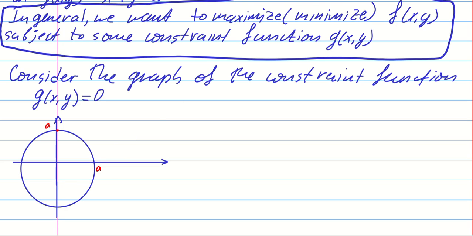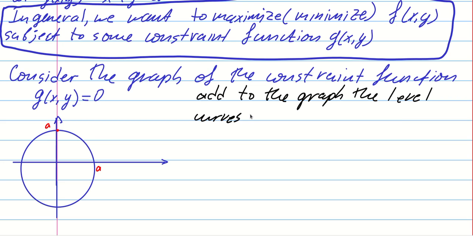So what are we going to add to this graph? We're going to add the level curves of f of x, y equals 2xy. How are we going to do that?